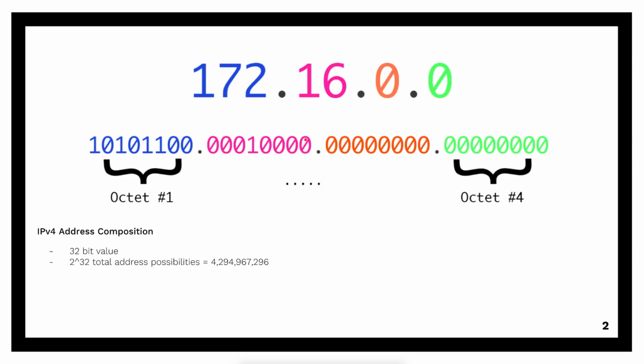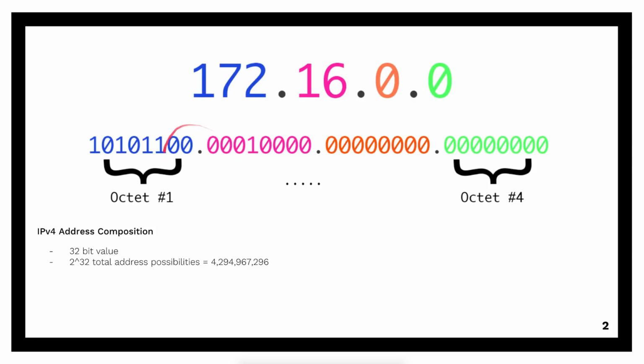So what we're looking at here at the top is the decimal form of an IP address, and this probably looks very familiar to you because this is typically how we see them. And below is its binary counterpart. For IPv4 specifically, it's important to note that these values are 32-bit values.